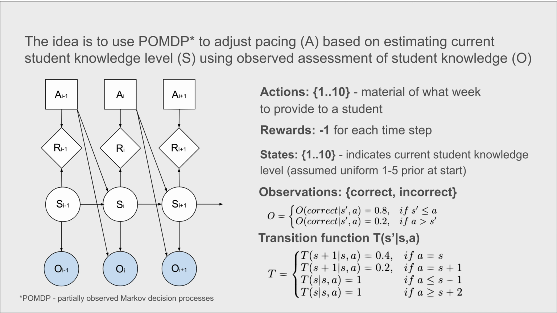An observation can be of two types: it's either correct or incorrect. Whenever you provide, for example, material at level 5, that is action 5, and you can observe whether the student solves this test correctly or doesn't solve this test, which is incorrect.